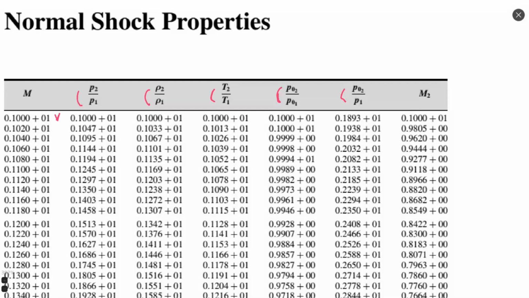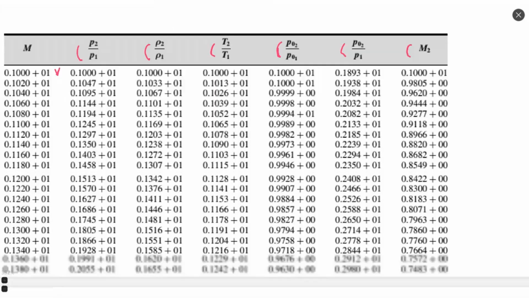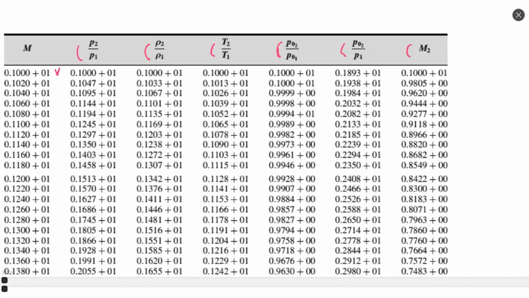We will see this example very soon. And then the last column is Mach 2, the Mach number after the shock wave. So we can, for example, take any value from here. Let's see, a good value, 1.2. I like this Mach 1.2 before the shock wave.